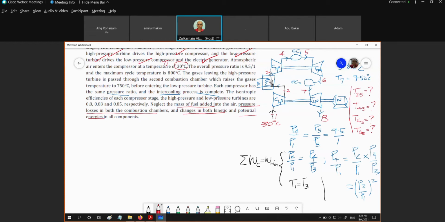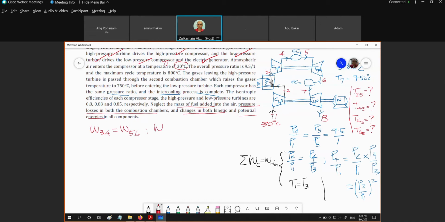Right. So right now, we also can write the work relationship between the shaft. What we could have right here is the compressor 3-4. The W34 we can write as equal to the W for turbine, in this case W56. And also, for this second shaft, we could write the W net.